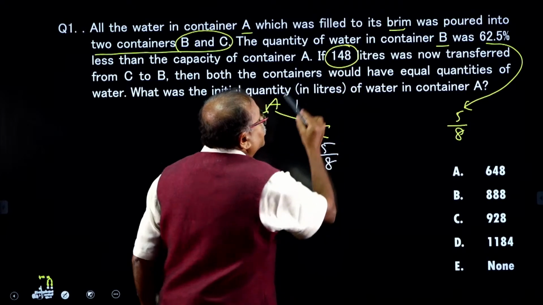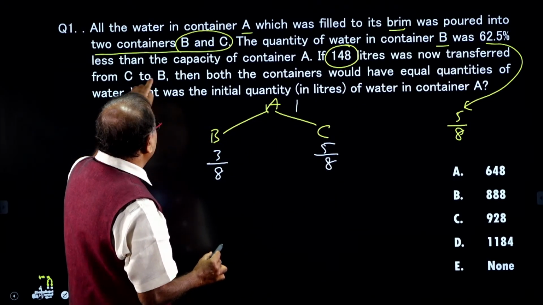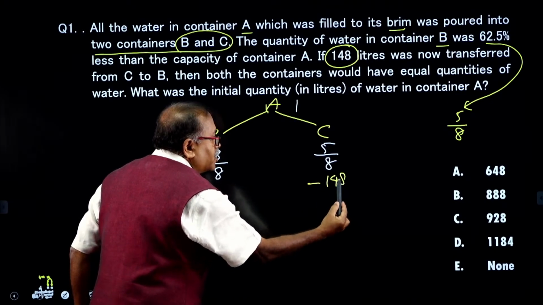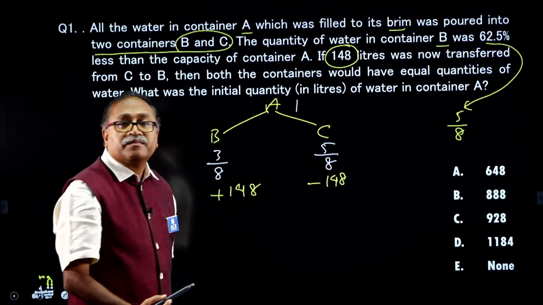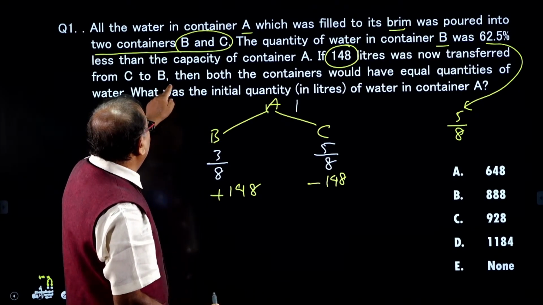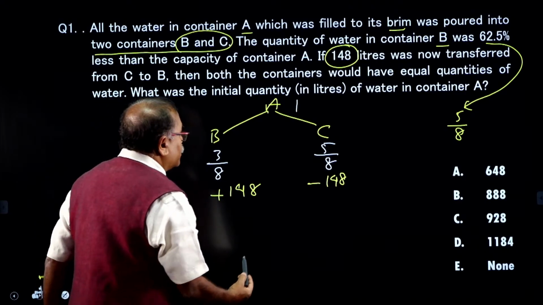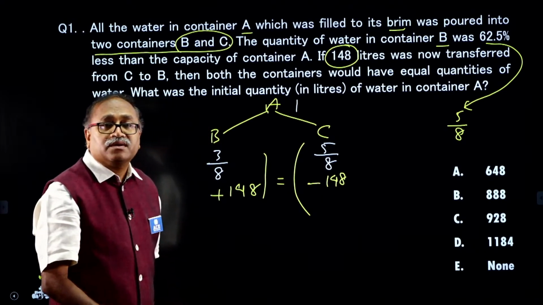If 148 liters were now transferred from C to B, so here minus 148, here plus 148, then both the containers would have equal quantity of water. So, my left hand side is equal to right hand side.